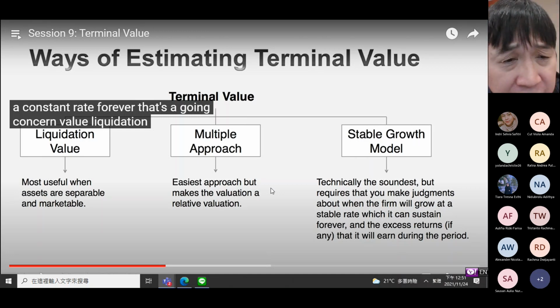Liquidation value means you stop the operation over time, and going concern value means you continue to operate.